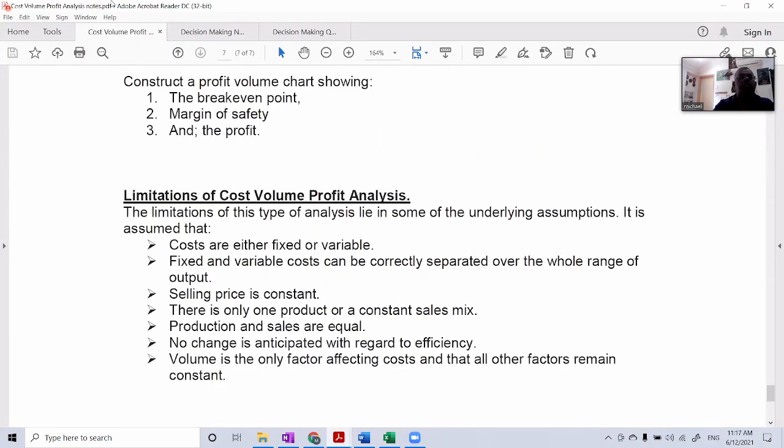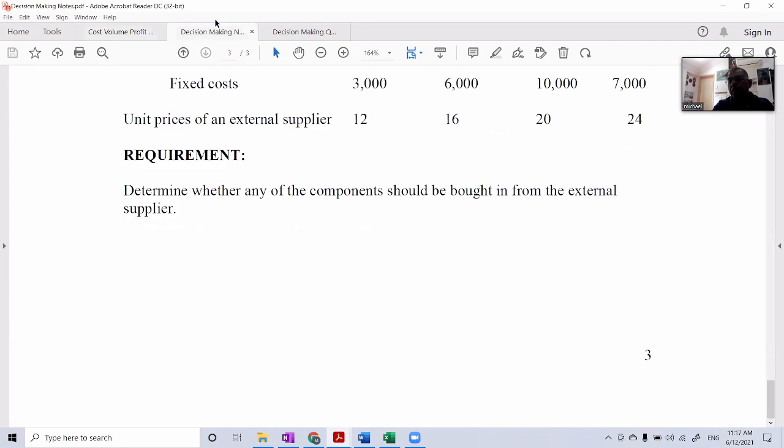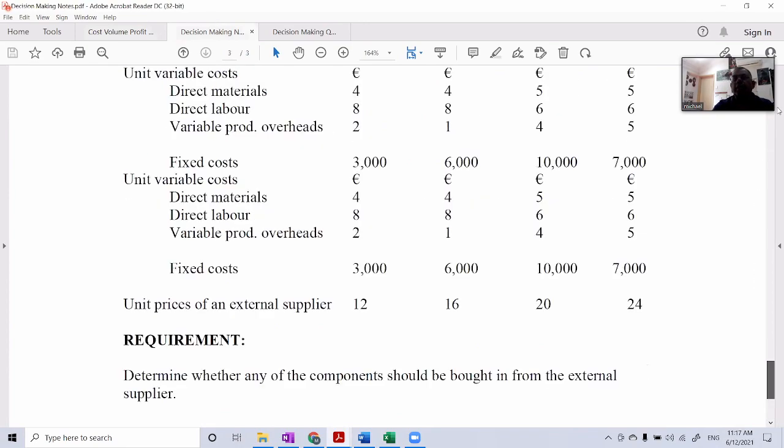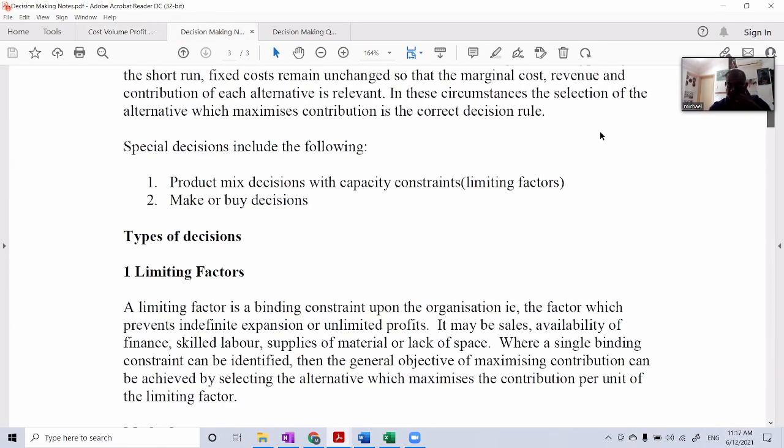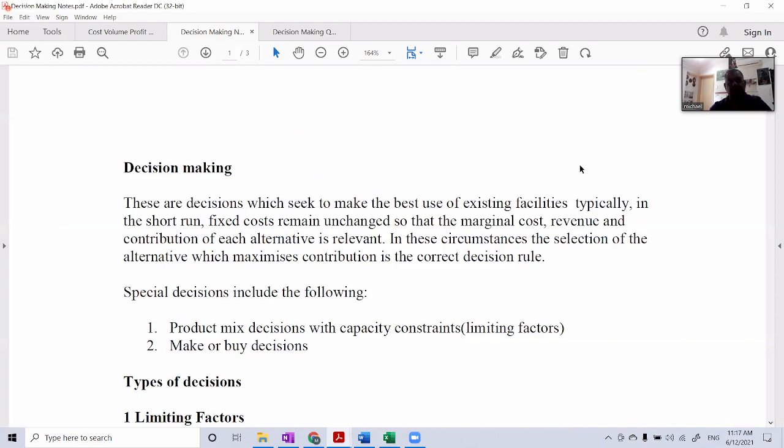So we're going to look at the topic of decision making. Decision making essentially is the topic of making choices. The word implies that you have to make a choice, a decision.